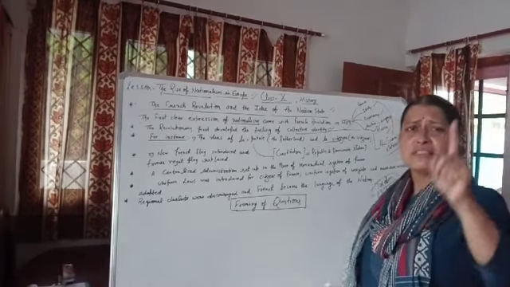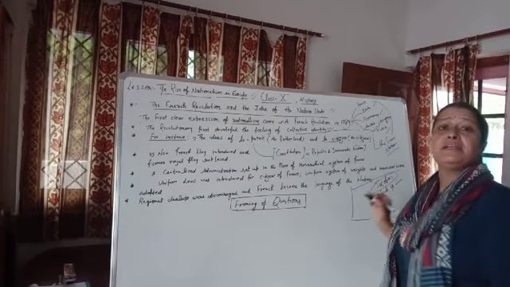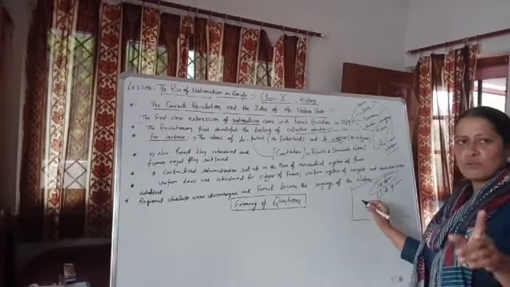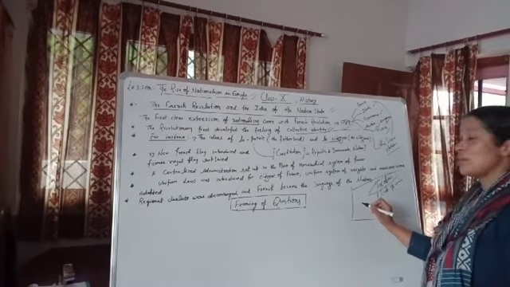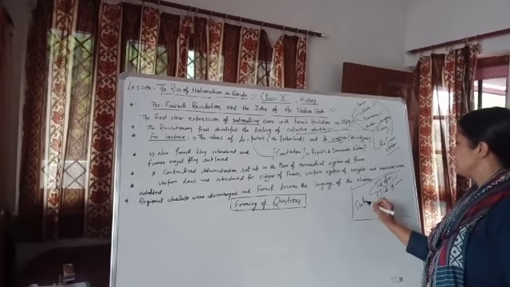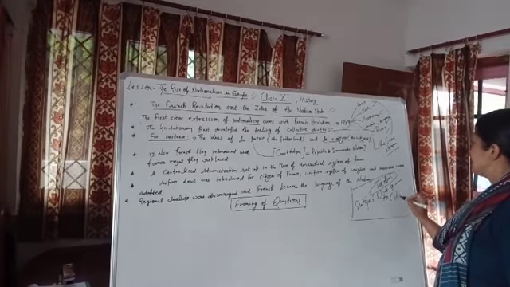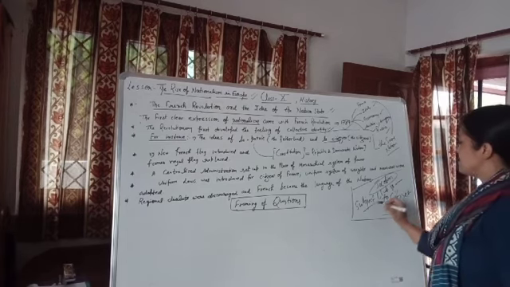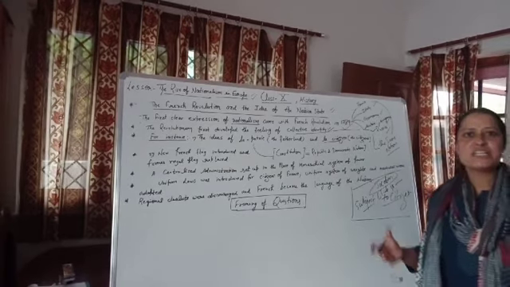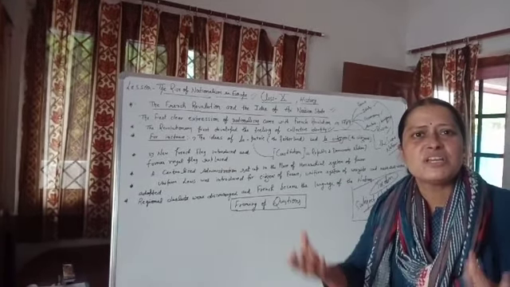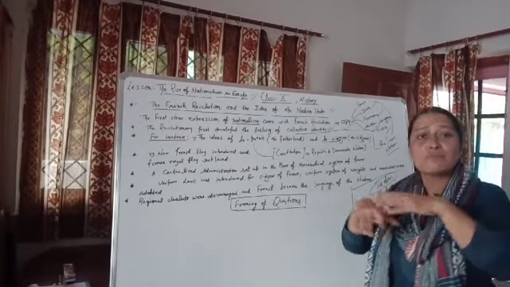Independent nation state means that the people of France wanted to convert themselves from subject to citizen. Got it? There is a difference between subject and citizen. When we say subject, it means we are under the monarchy system, we are slaves; whatever our king or monarch instructs, we have to follow.